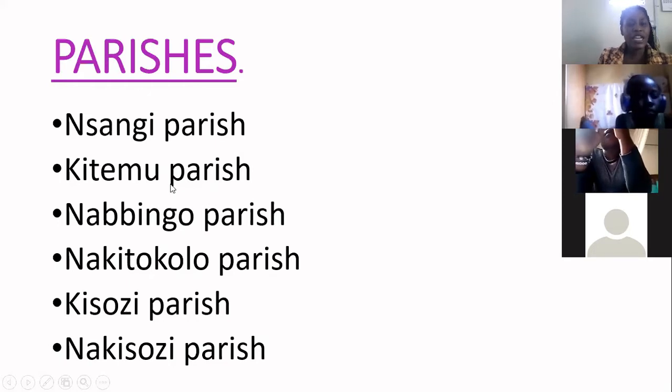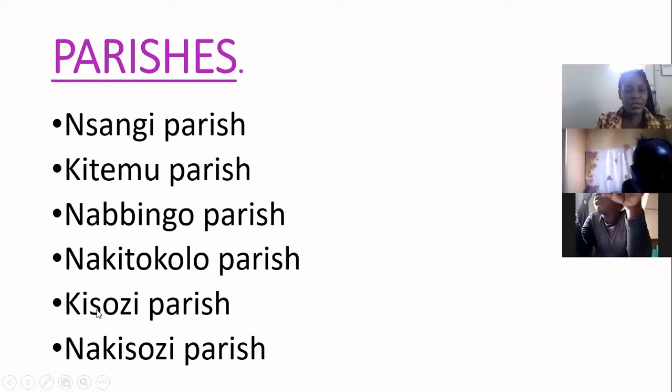Then we have Kitemu Parish, Nabingo Parish, Nachitokoro Parish, and Chisozi Parish.